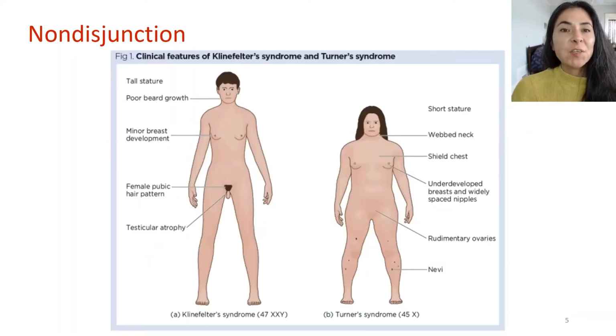All right, so that's the non-disjunction case that we've already thought about, but I want to think about another set of non-disjunction cases, which is when non-disjunction affects the sex chromosomes. A really important thing to know is that for mammals, only one X chromosome is pretty active. So if you're an XX female, you have two X chromosomes, only one of these is going to actually make very much product.